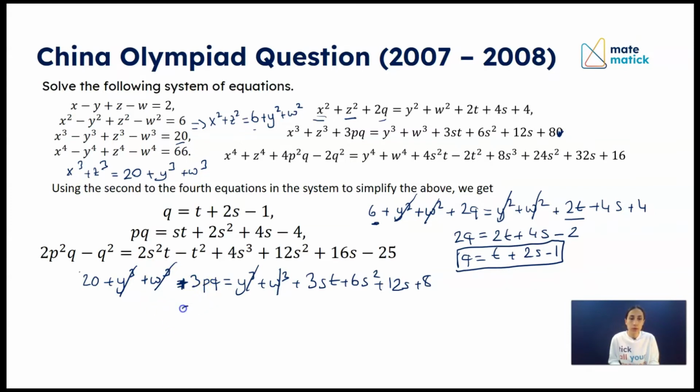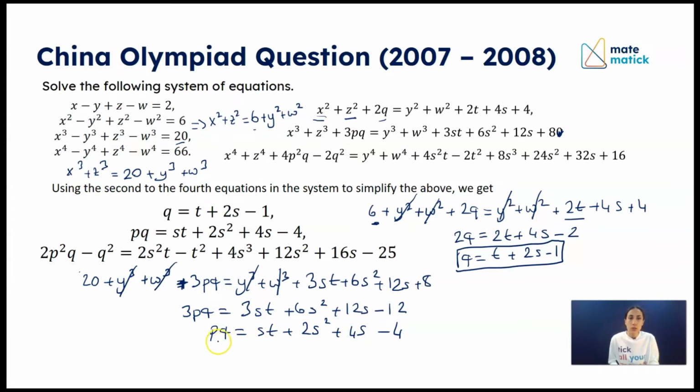We have 3pq is equal to 3st plus 6s squared plus 20s. So I'm going to put this 20 to another side, and this will become minus 12. Okay, so I'm going to divide each side by 3. So we will have here pq is equal to st plus 2s squared plus 4s minus 4.